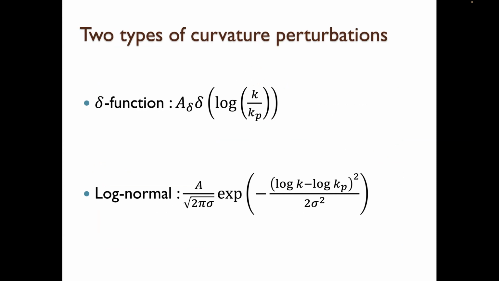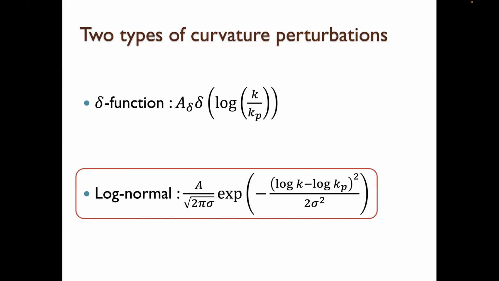Or we also think about the log-normal, which has a peak at this k_p and some width. In the paper, we provide analysis for both curvature perturbations, but here I'm going to consider only the log-normal because it's more realistic. And in this case, we have three parameters: the amplitude A, the width sigma, and the peak wave number k_p.